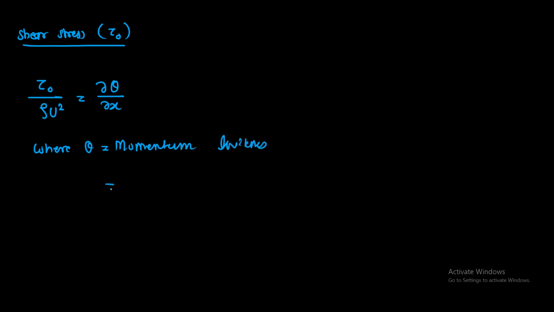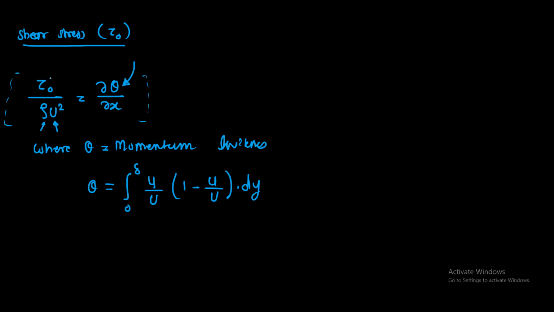And the formula for theta is integration 0 to delta u upon capital U in the bracket 1 minus u upon U into dy. Okay. So by using this formula, if you know the value of theta, rho, and U square or U, we can determine the shear stress, that is the tau.